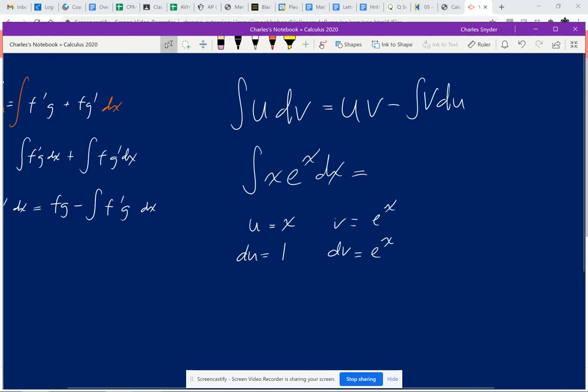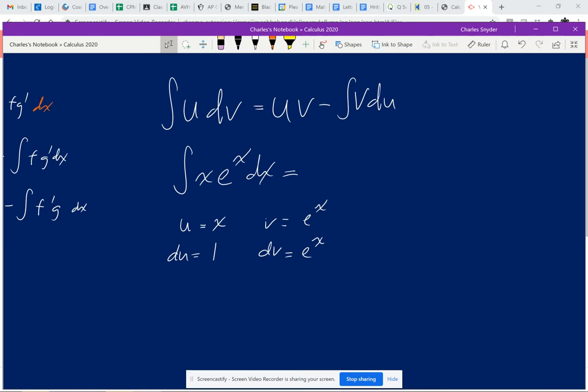So now the integral of x e to the x is going to equal uv, which is x e to the x, minus the integral of v du. Some people teach this like it's a lucky 7. So this is e to the x dx.